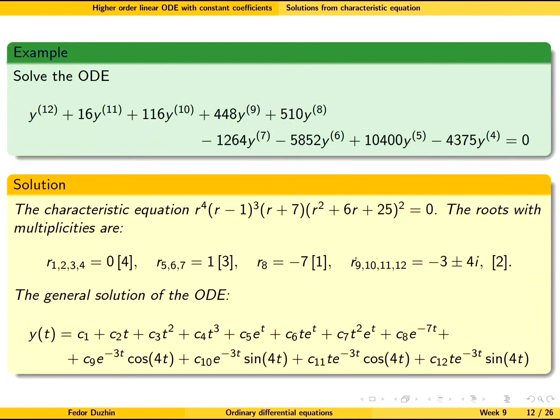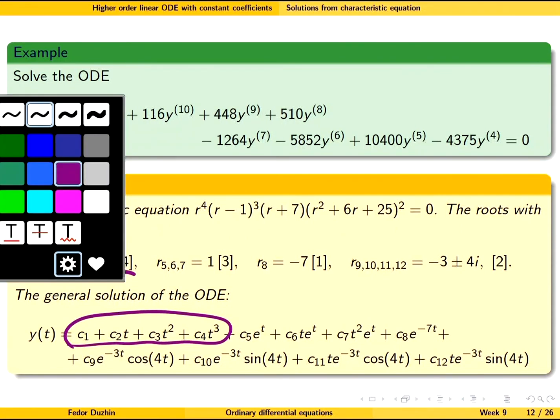Right? So then this 0 gives us e to the power 0t, which is just 1. Well, but then since multiplicity is 4, it means that not just 1, but also t, t squared, and t cubed. So until we get 4 solutions.